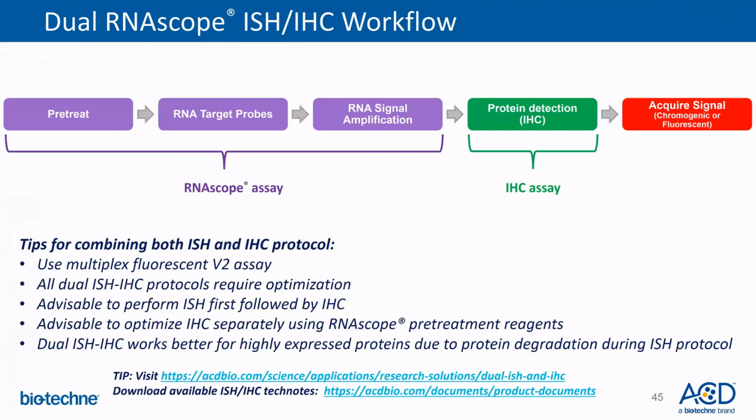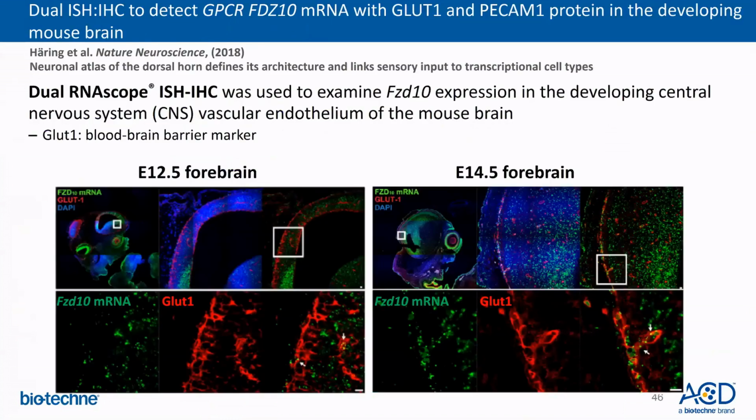I will now show you a couple of examples of peer-reviewed publications where dual ISH IHC has been used. In this publication from Herring et al. in Nature Neuroscience, the authors used dual RNAscope-ISH IHC to look at FDZ10 mRNA expression in developing central nervous system, and they did IHC to look at GLUT1 protein, which is a blood-brain barrier marker.